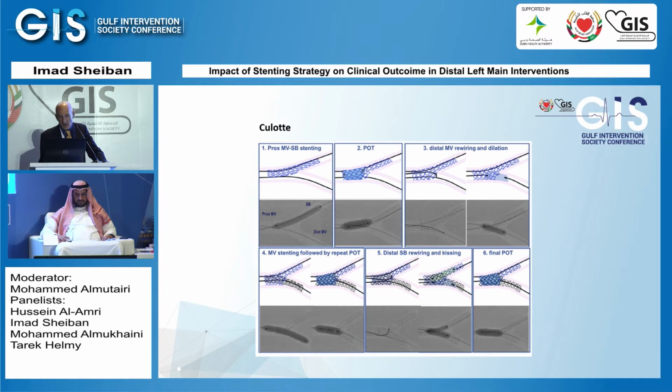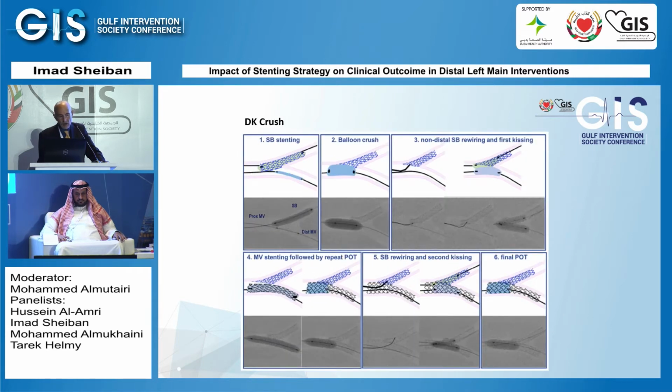We are limiting the overlapping of stents to a minimal part, that means mini culotte. Then this was leading to a more favorable outcome. DK crush, coming from the crush technique, and this again limits the overlap of stent, that means the protruding stent, the crushed stent.